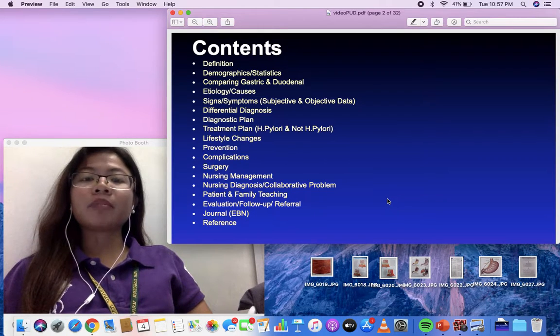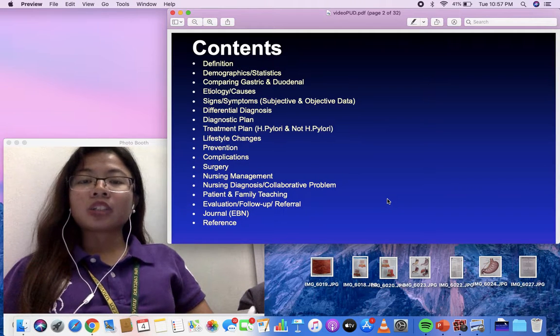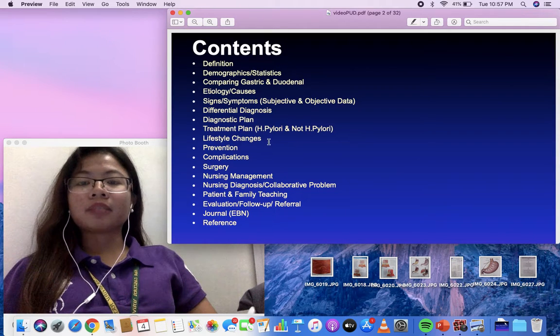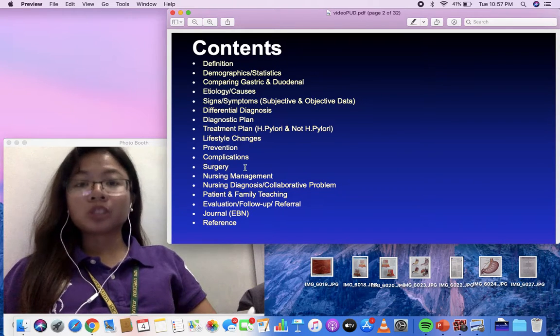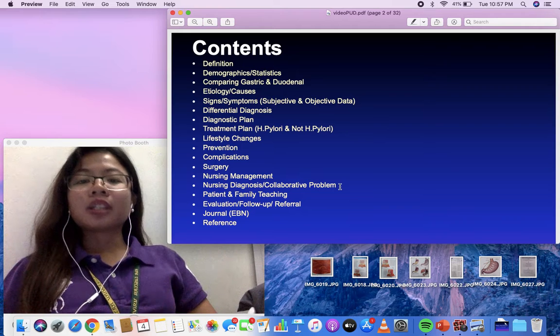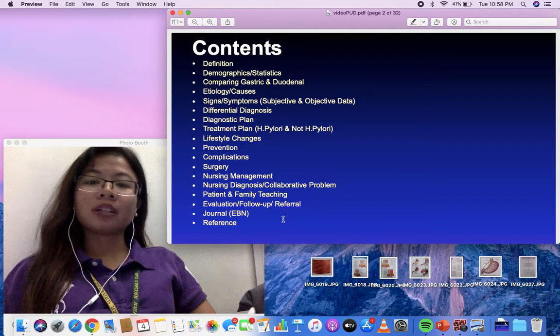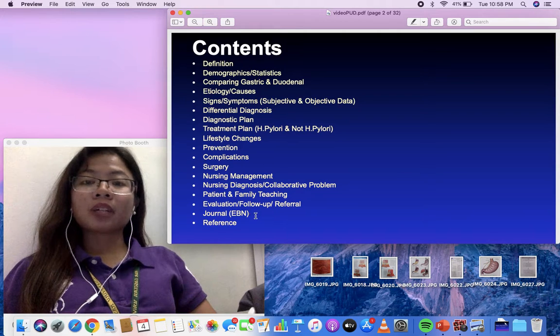It's either subjective and objective data, the differential diagnosis, diagnostic plan, the treatment plan regarding H. pylori and not H. pylori, the lifestyle changes, prevention, any complications, surgery, nursing management, nursing diagnosis or collaborative problem, patient and family teaching, evaluation or follow-up or referral, the journal or the evidence-based nursing, and lastly, my references.